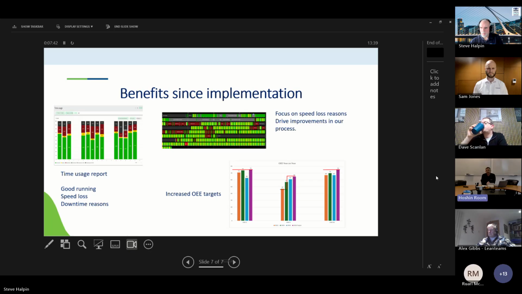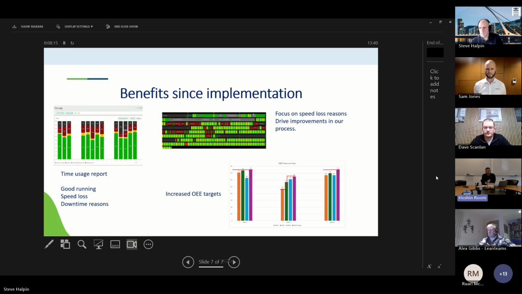So when we implemented it, we were able to challenge our targets, and across the 3 main lines there, you can see we've increased the OEE target year on year, but mainly in the last 12 months since we've implemented Evocon. It's an increased OEE target of our optimum run rates. We were running at ideal run rates, and myself and Sam chatted about this when we first started. He said, Mick, you have to really set this up to its optimum to get true data.